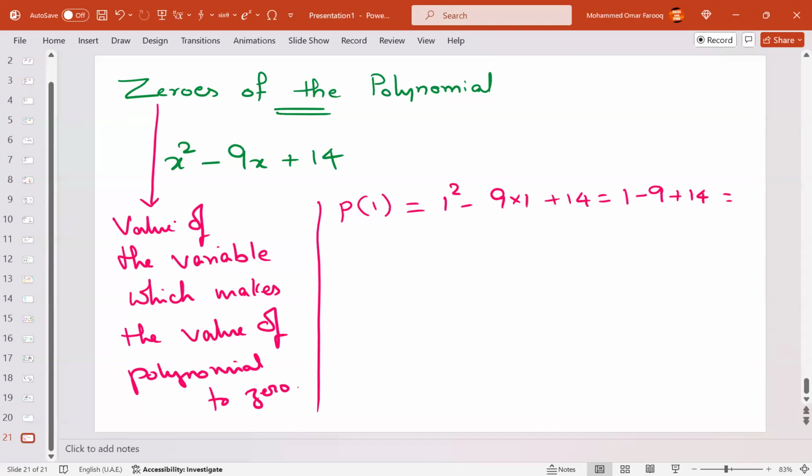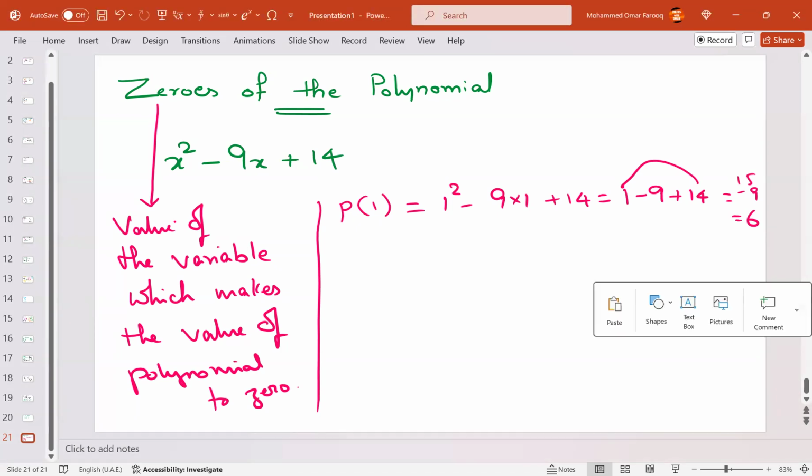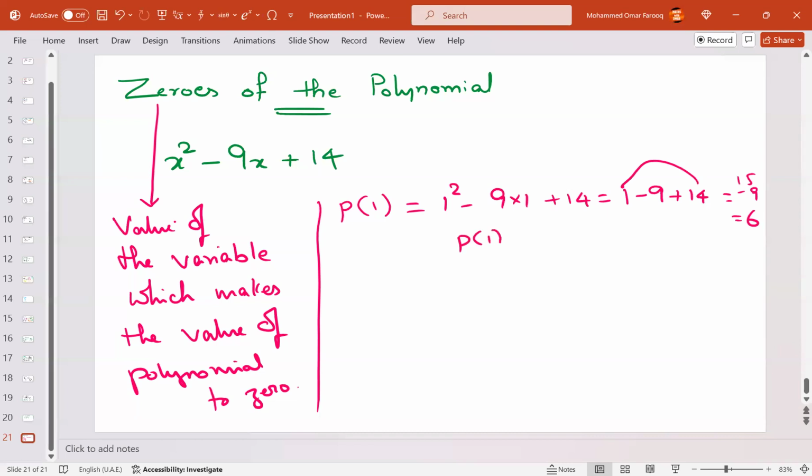Add both the positives: 14 plus 1 is 15, and 15 minus 9 is 6. So is P of 1 equal to 0? No, it is not equal to 0. Therefore, x is equal to 1 is not a zero of the polynomial.